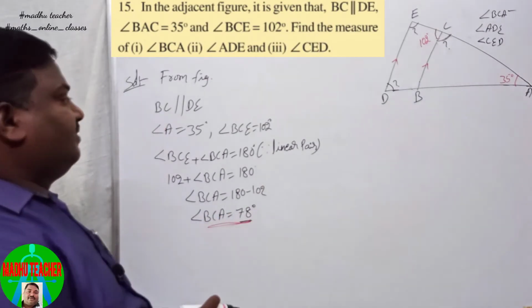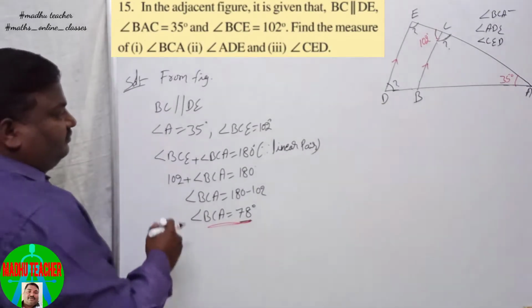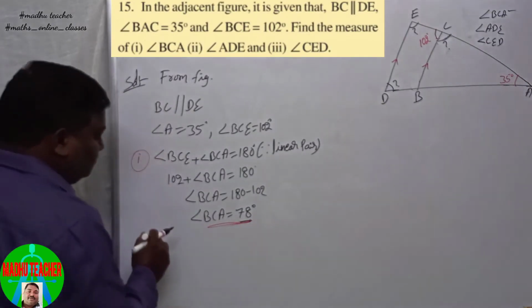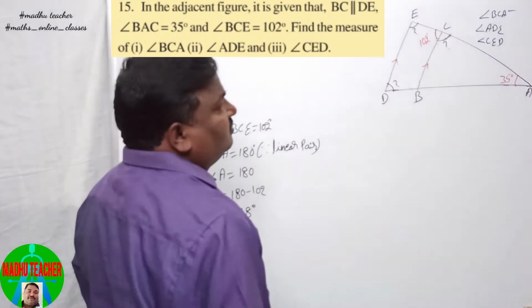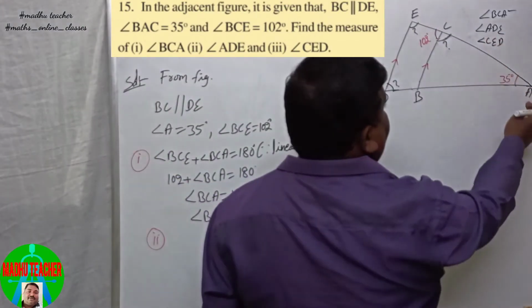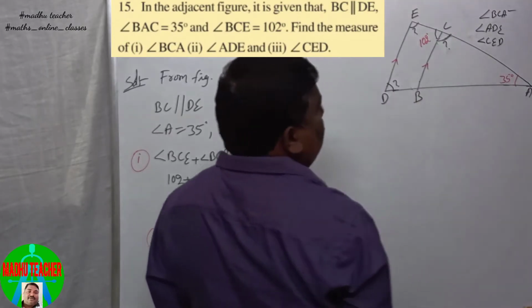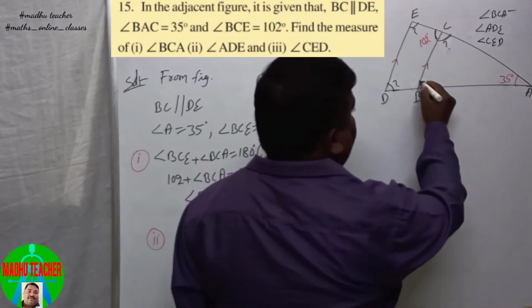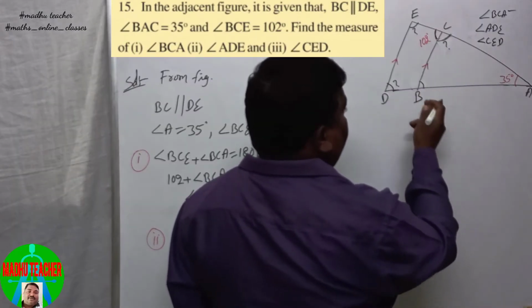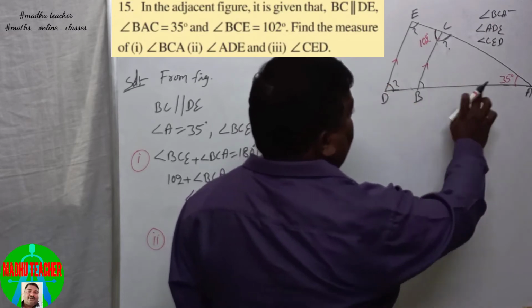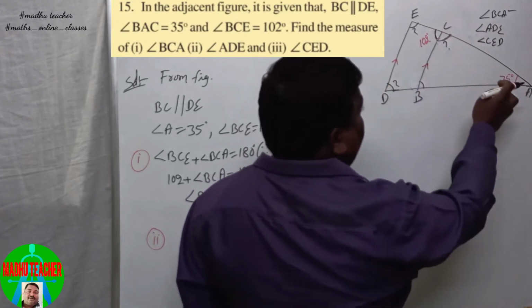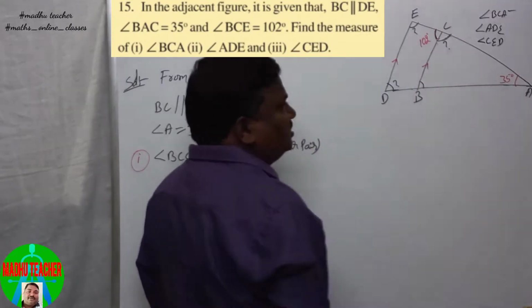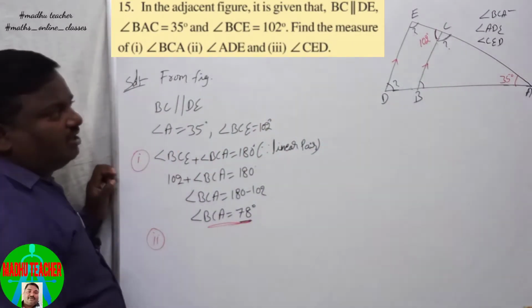Next, the second one. You have to find ADE. Before finding that, I am finding this value, so then we can find this. ABC is a triangle. The sum of three angles in a triangle is 180 degrees.